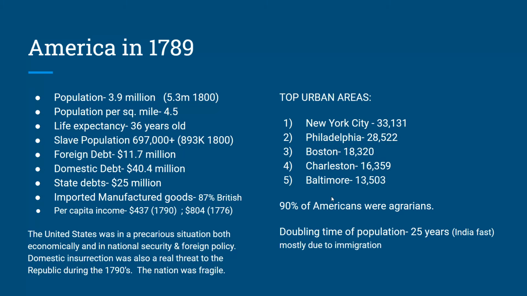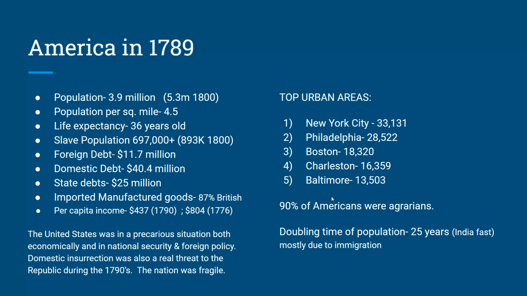So we're importing; 87% of manufactured goods in the United States are imported from Great Britain. So we're still having to deal with that. Per capita income in 1790 is $437 a year, which is down from the year of independence, 1776. So we are in the midst of a continued economic depression in 1789.